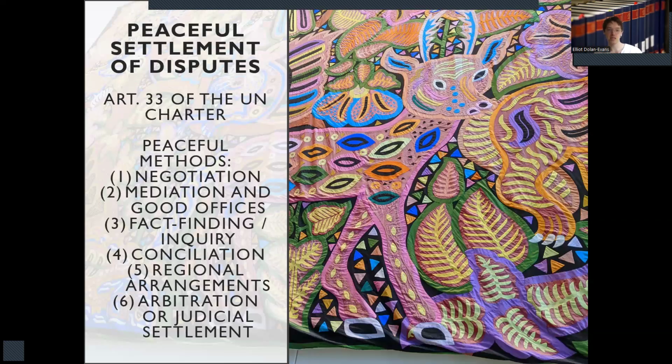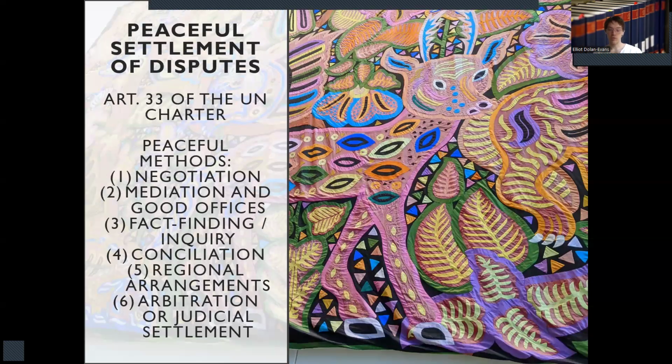In most cases, these conciliation commissions will determine their own procedure. There have been a number of model rules created by several different bodies to help guide these commissions, and the General Assembly has done that as well.